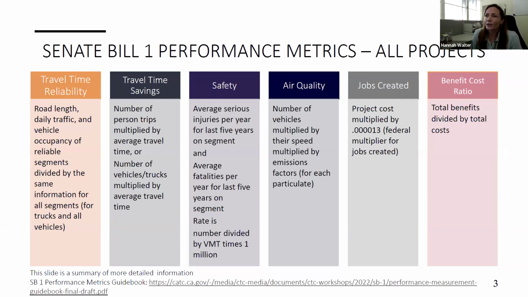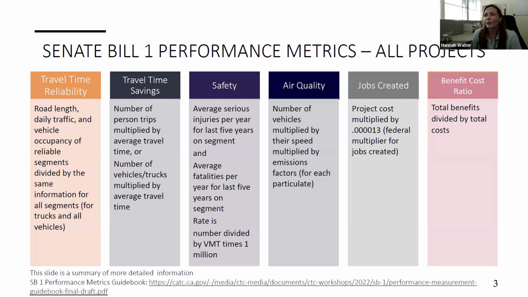Then the safety metric looks at, it's actually 4 different numbers. 2 of them are percents and 2 of them are numbers. But it's looking at, on the project segment, how many accidents that are serious injuries and how many accidents that are fatalities have been occurring on that segment, and then how many are expected to occur with the project.